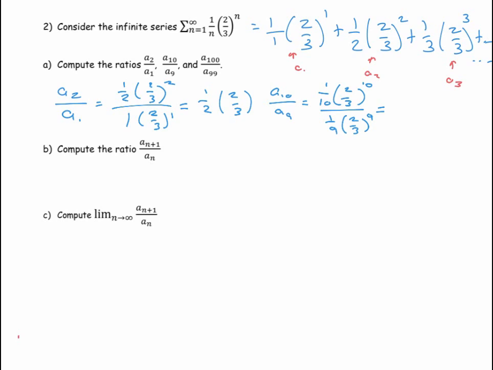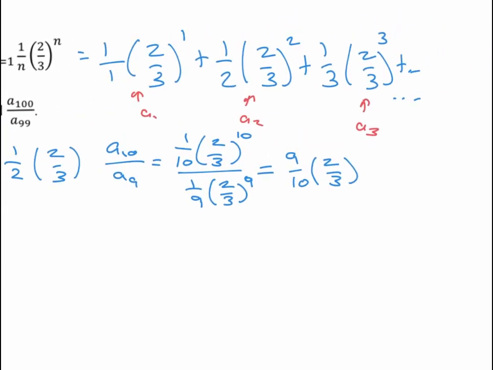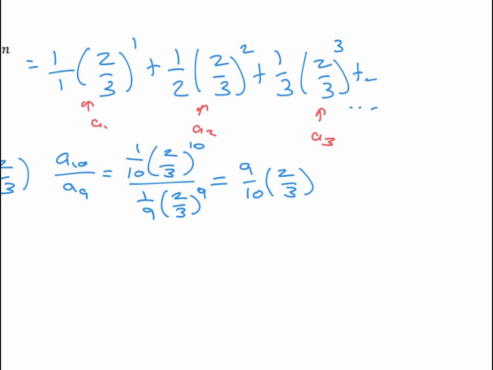And 1/10 divided by 1/9, if you multiply by the reciprocal, ends up just being 9/10. So it all reduces to this. At this point, I just want to point something out: this 9/10 is pretty close to 1.